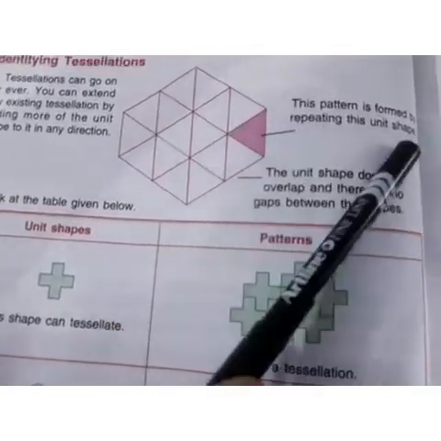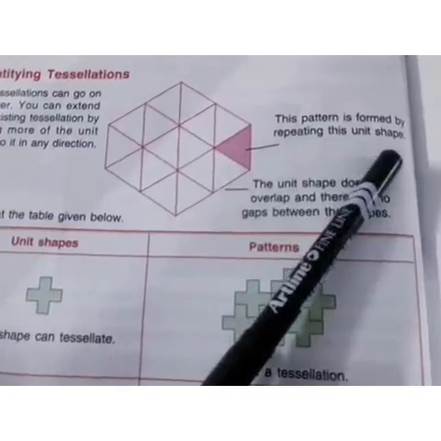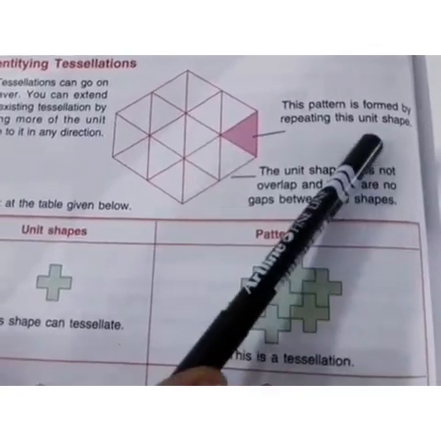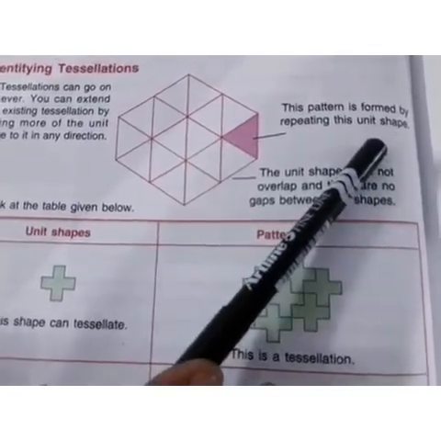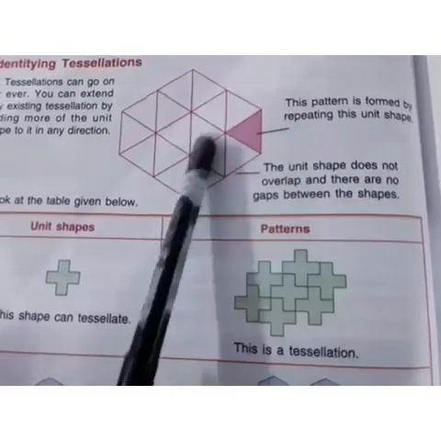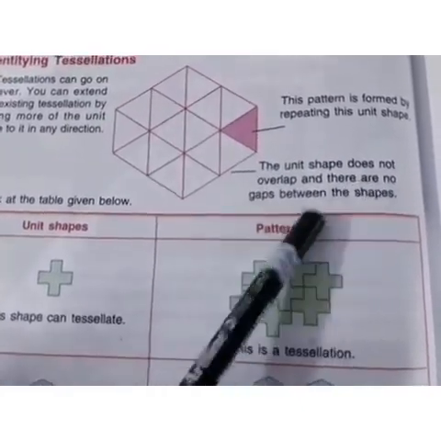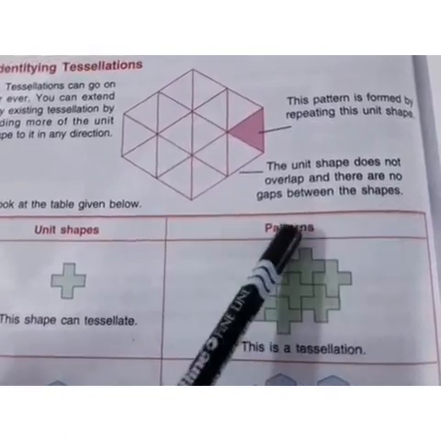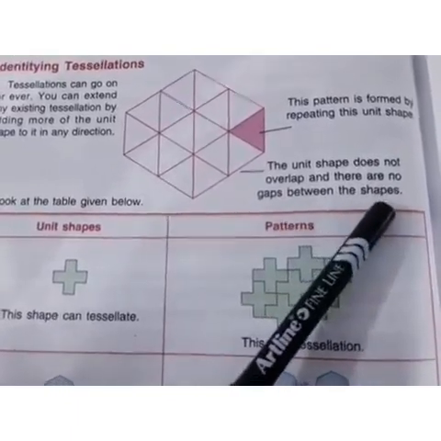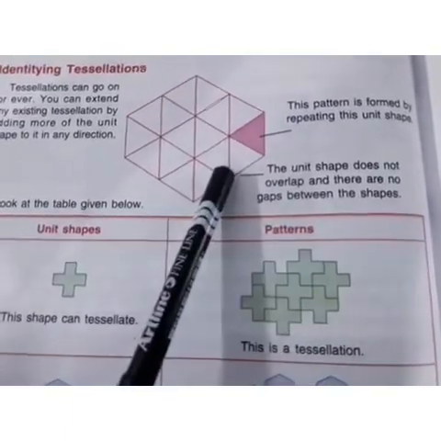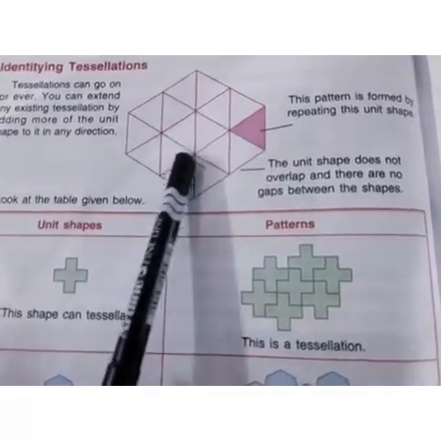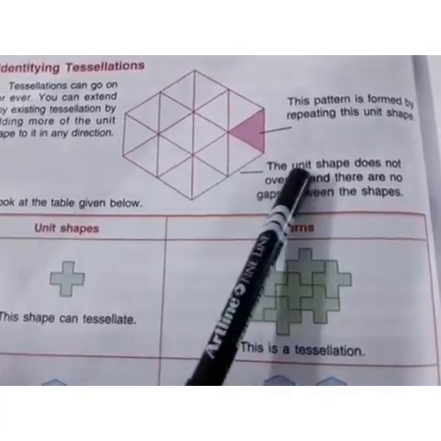The pattern is formed by repeating this unit shape. Unit shape means only one shape that is used to make the tessellation. The unit shape does not overlap and there is no gap between the shapes.